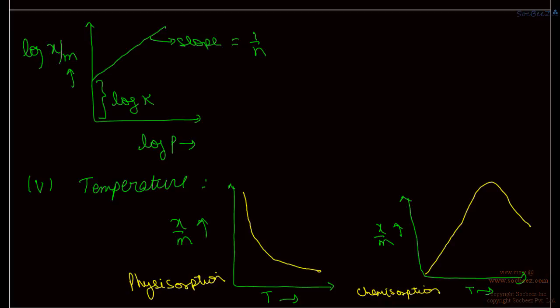So in physical adsorption, x by m decreases with increase in temperature, whereas in chemisorption, x by m initially increases with temperature and then decreases. The initial increase is because chemisorption requires some activation energy, since chemical bonds are getting formed.